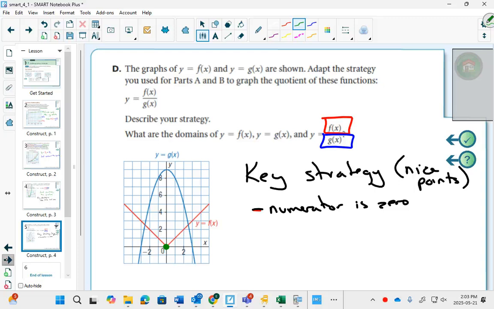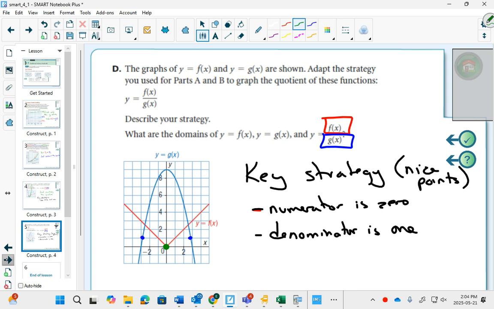Awesome. Okay. Other things that would be nice. Denominator is 1, yes. So my denominator is my blue graph. My blue graph is equal to 1 here and here.